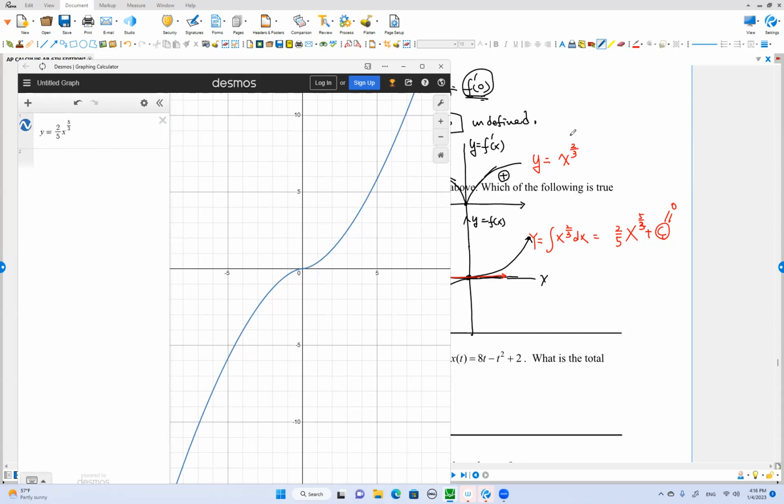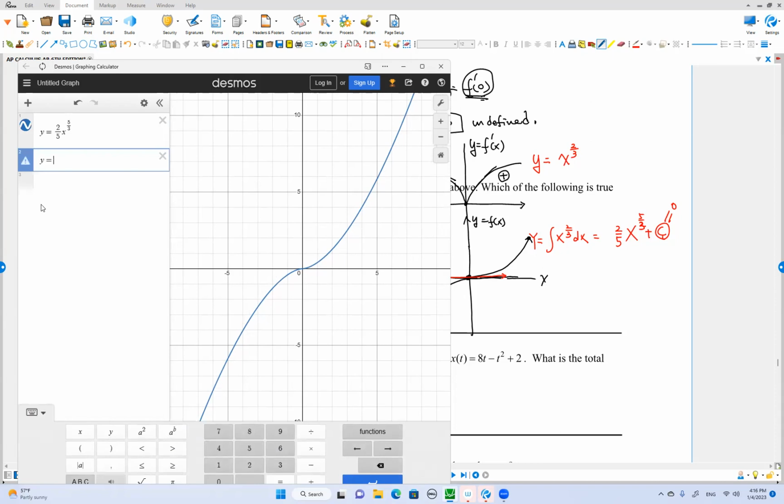Now I'm going to put this one over here. It's a derivative over this derivative, right? X to the 2/3. Y equals x to the what? 2/3. X to the 2/3. Take a look, this is the derivative function.